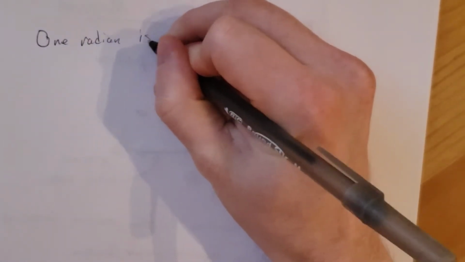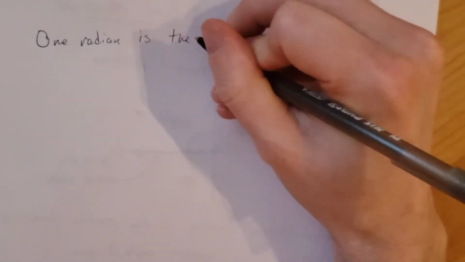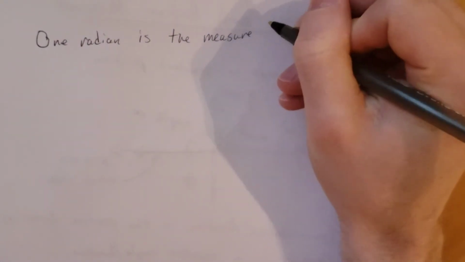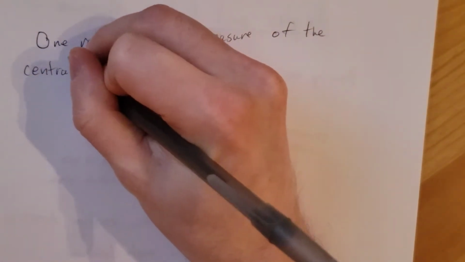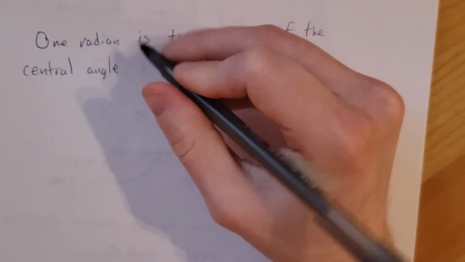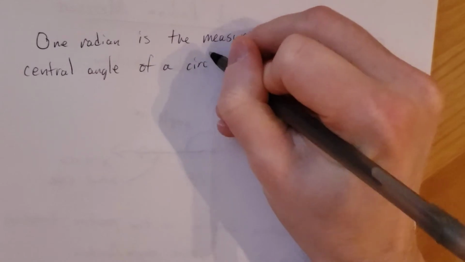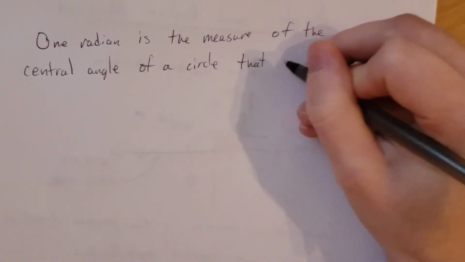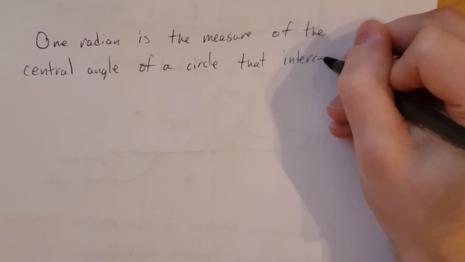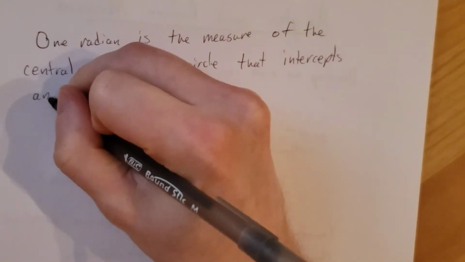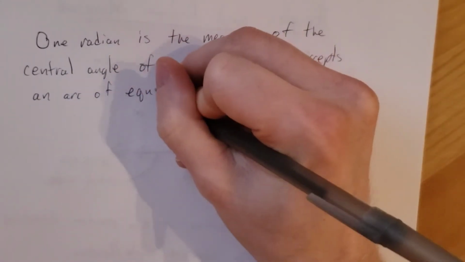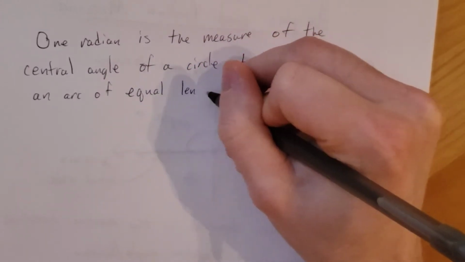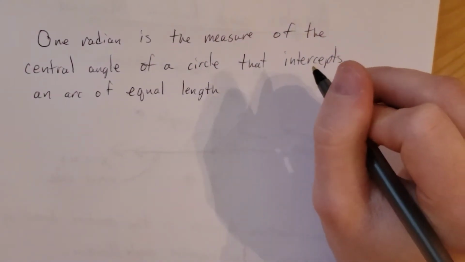One radian is the measure of the central angle of a circle that intercepts an arc of equal length to the radius of the circle.